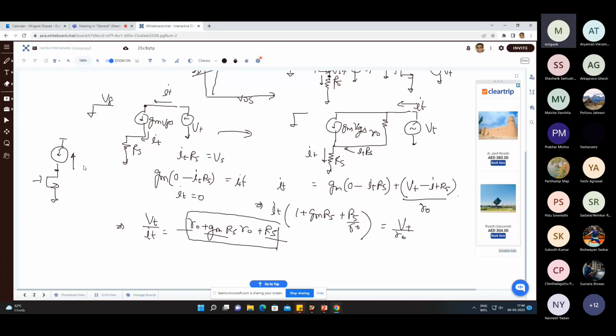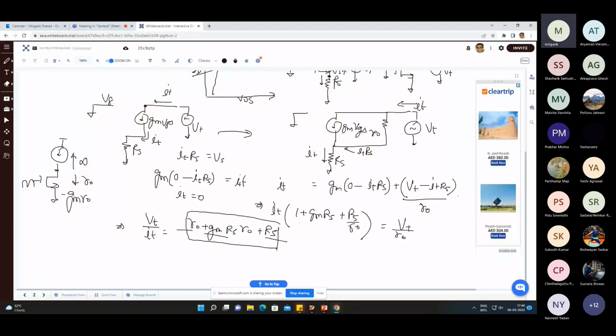Ideal current source R up is infinity, R down is RO. So in this case, the gain of the MOSFET that you get applying a signal at the gate is minus GM RO. That is because at this node, we find out what is the net impedance, right? So R up parallel R down, R up is infinity, R down is RO, giving GM RO. So this is called intrinsic gain.